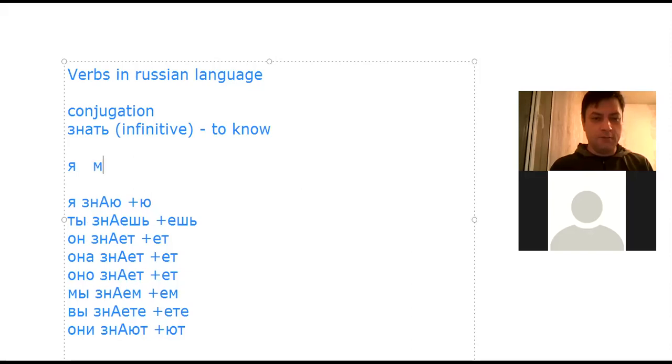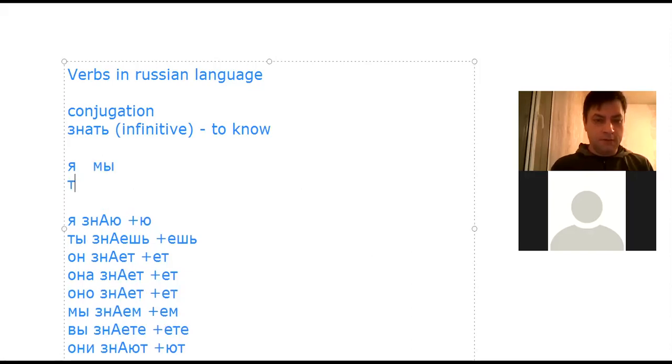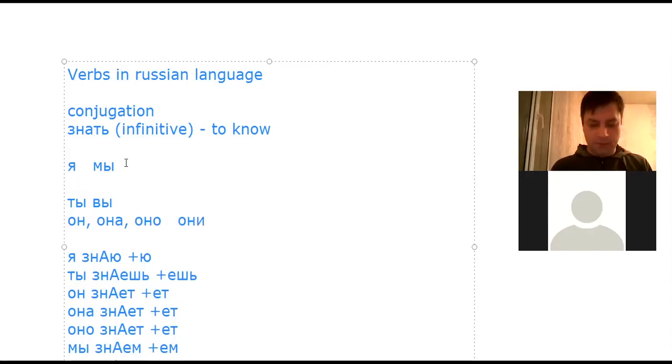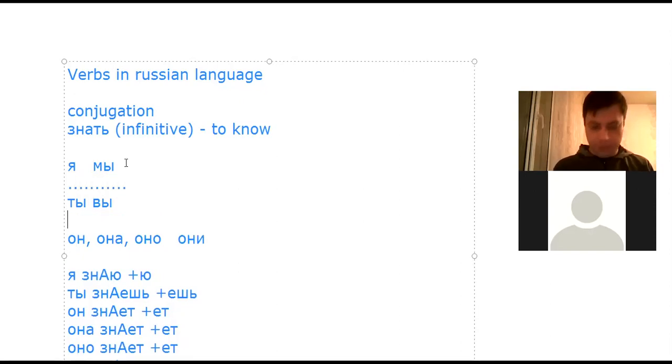Я, мы, ты, вы, он, оно, они. And then we say, let's put them into these three groups.